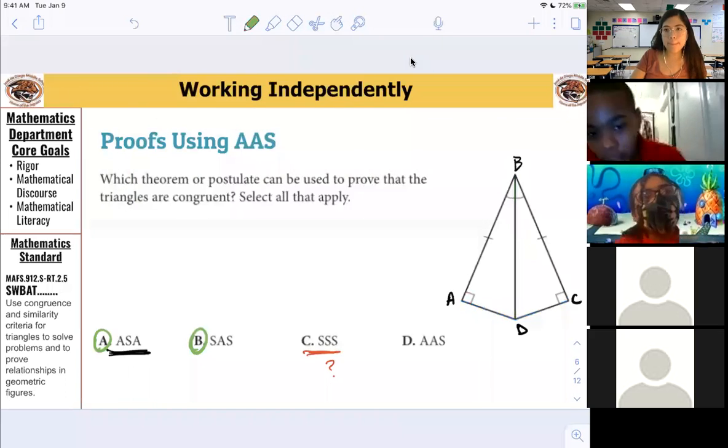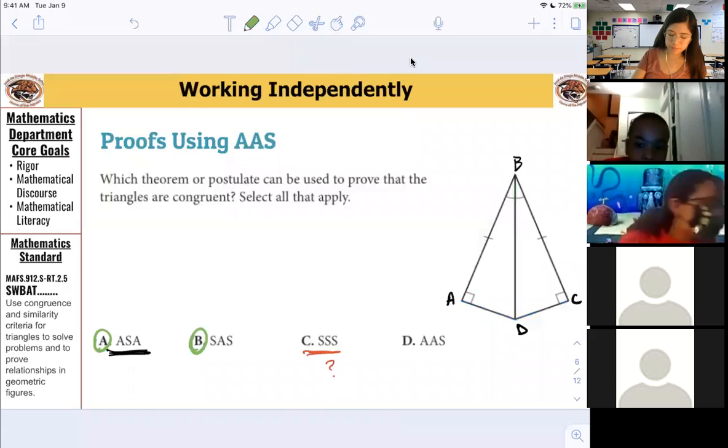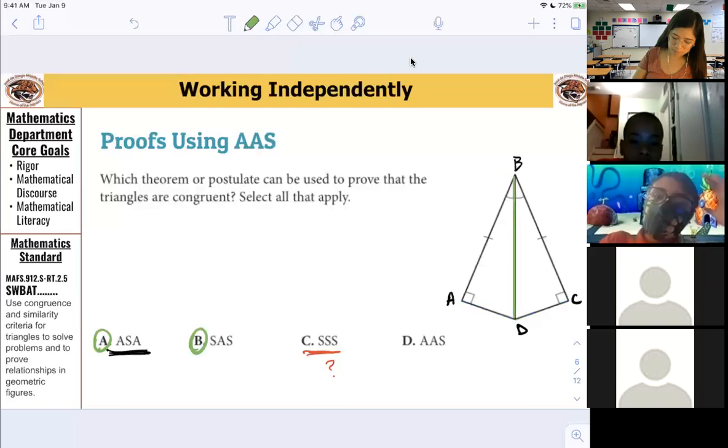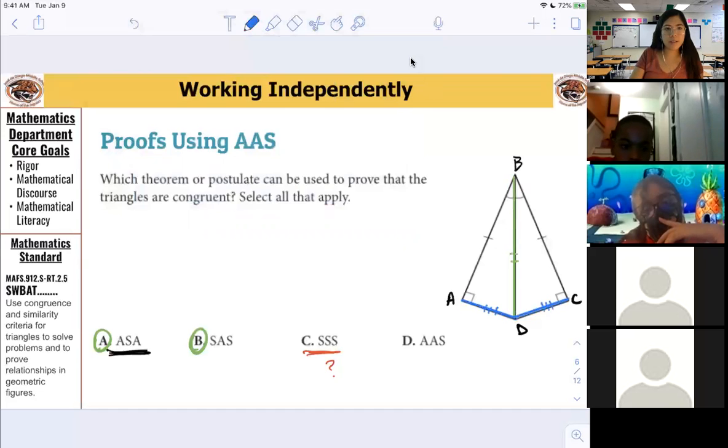Because you can use the two sides, the ones on the left and right, and the ones in the middle to get those two sides, and then use those to find the last one by adding. So he's saying that you can do some math and figure out the measurement of AD and the measurement of DC. So my question was, is that true? Can you do that? Yes.